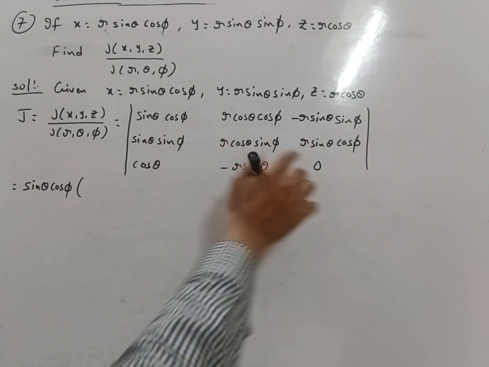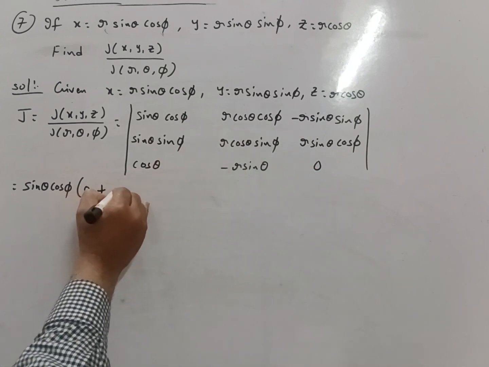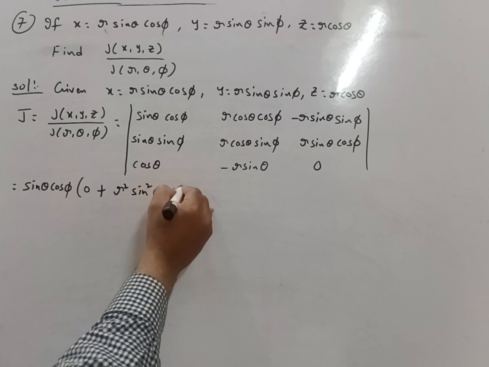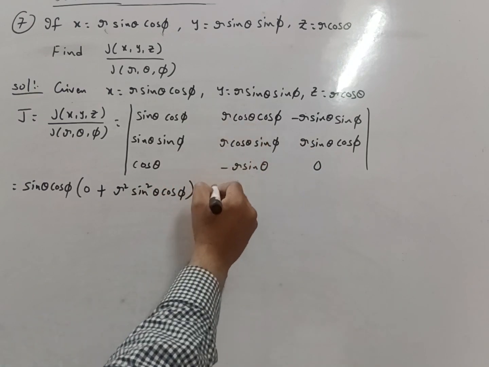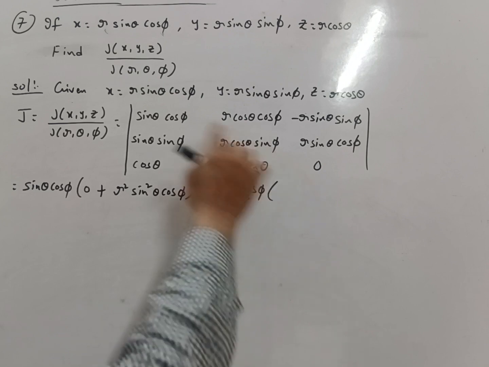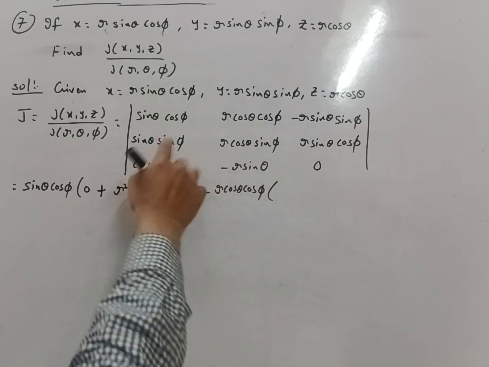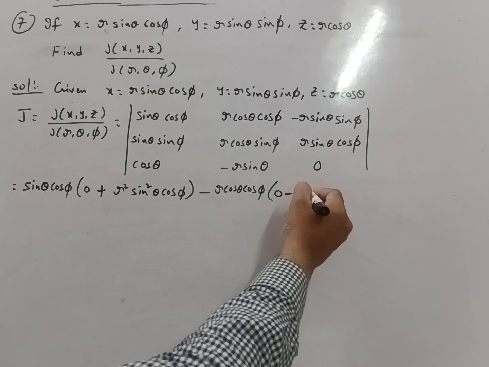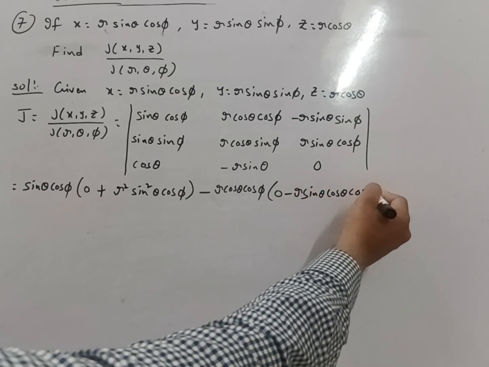So this into this, 0, minus of minus plus r square sine square theta cos phi, r square sine square theta cos phi. Next, minus r cos theta cos phi, bracket begin, this row, this column, 0 into this part is 0, minus this into this, r sine theta cos phi.